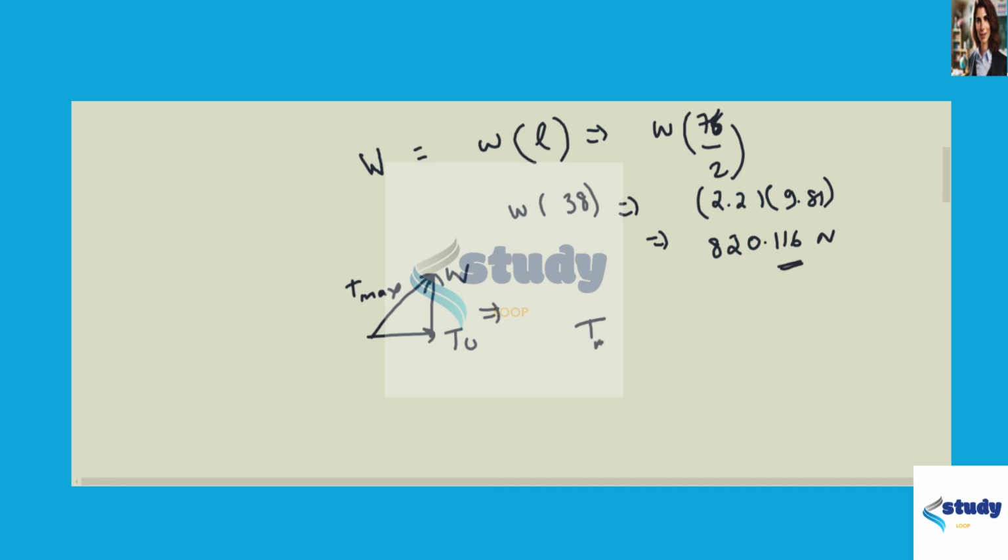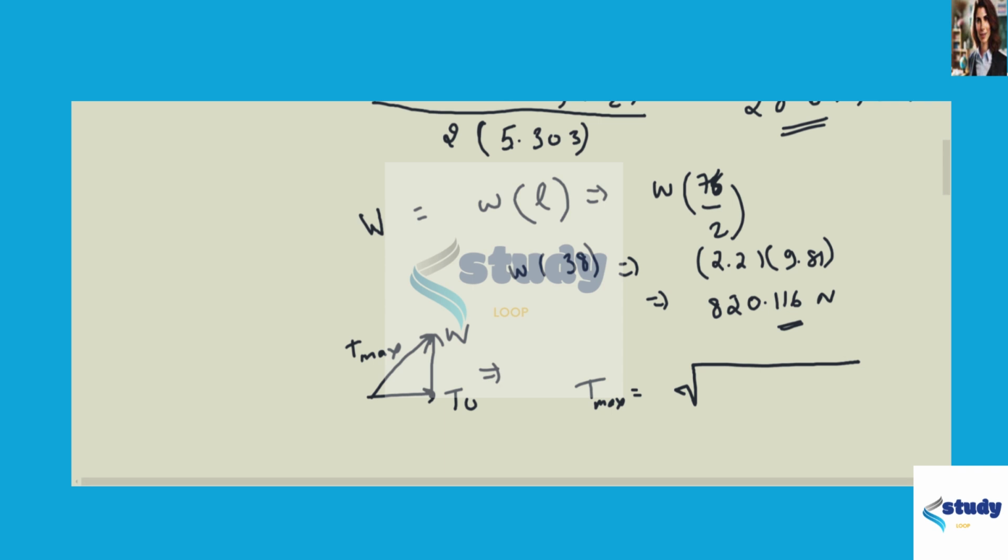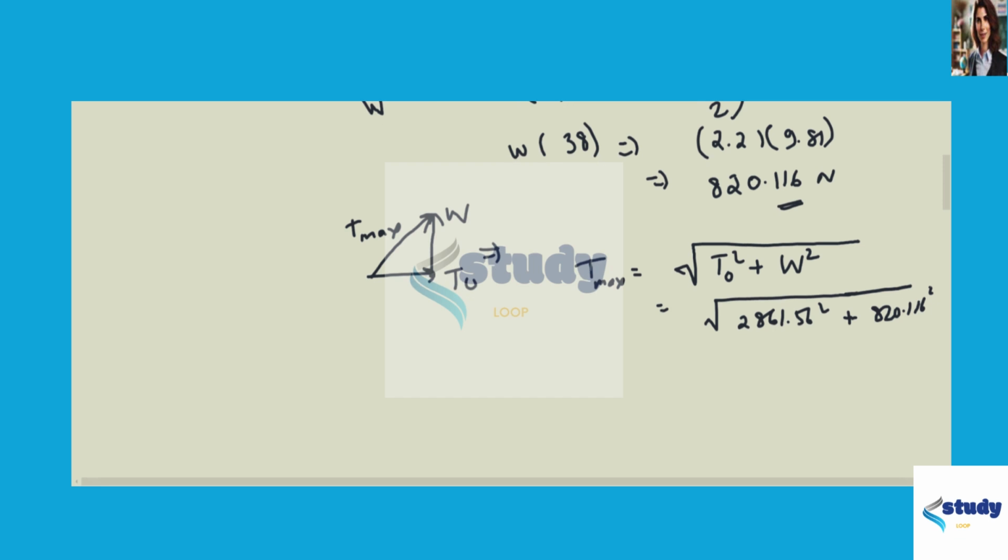So this maximum tension, the resultant, will be equal to the square root of T naught squared plus capital W squared, equal to the square root of 2861.56 squared plus 820.116 squared, and this maximum tension comes to be equal to 2976.76 Newton.